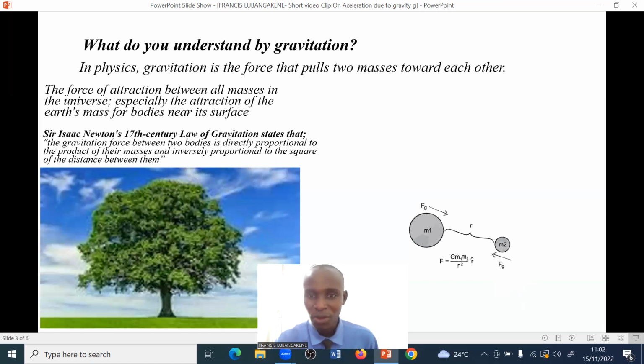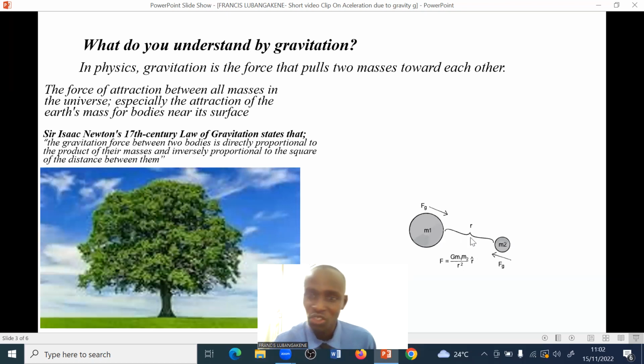That is to say, in our diagram here, the mass 1 and mass 2, there exists a distance between them. So this is our mango and this is the earth. This is a space, a vicinity. So R is the distance between the mango and the earth surface.